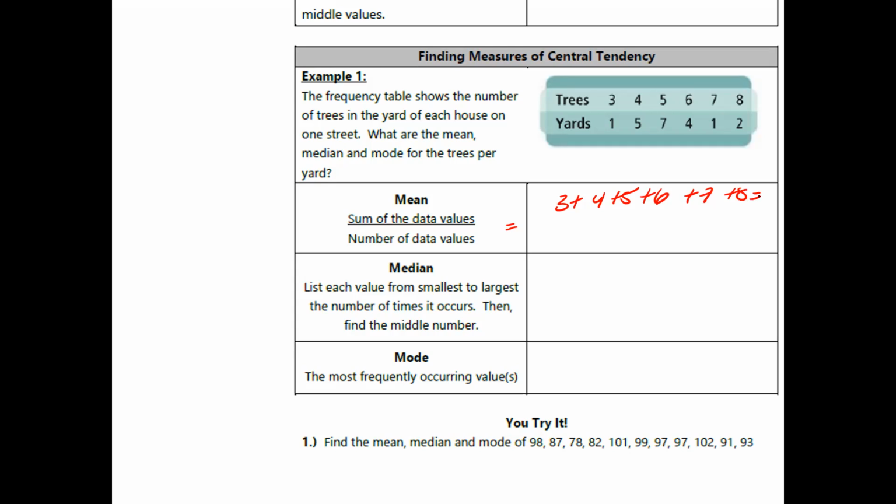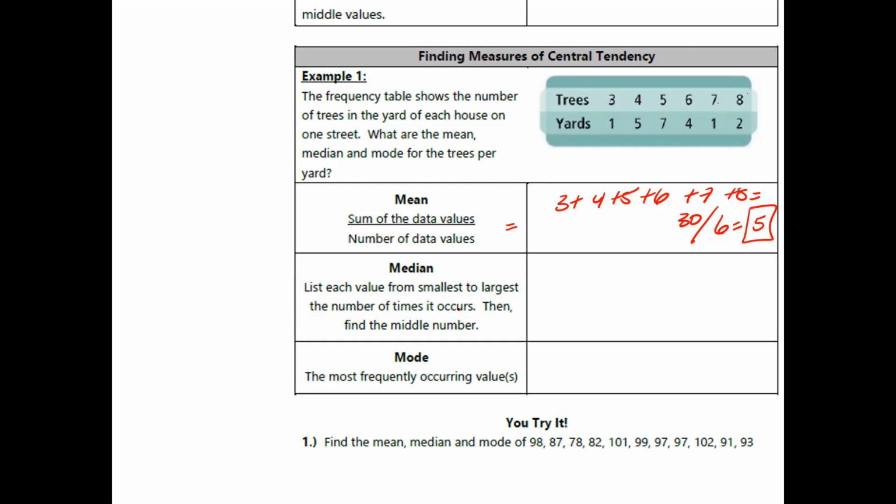The sum of this is going to give you 30, divided by 6 yards. So all together, you are going to have approximately 5 trees per yard.